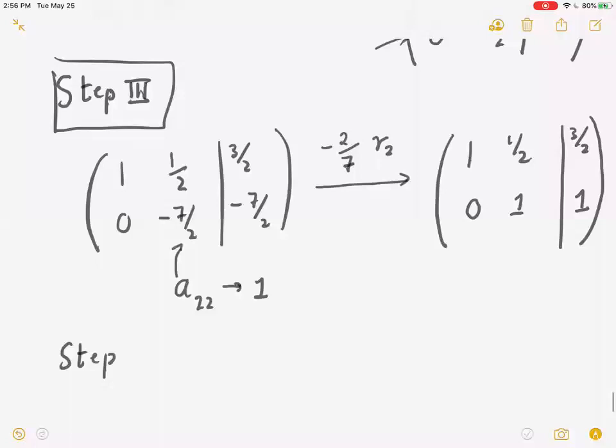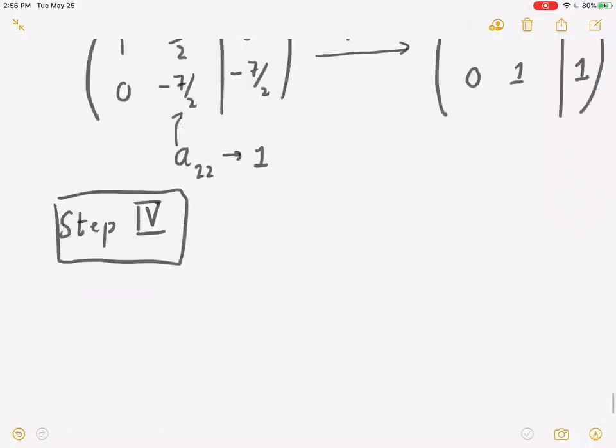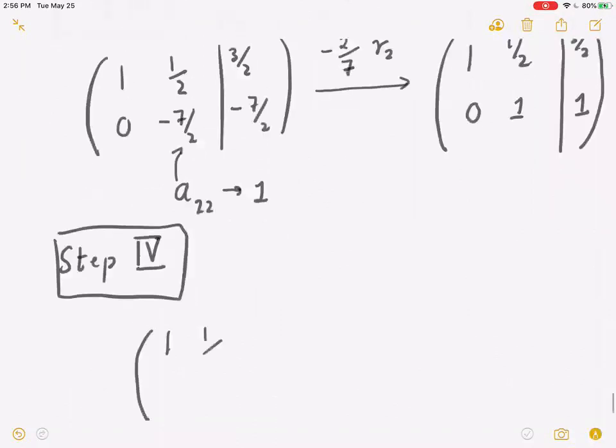How about step 4? Well, step 4 of the Gauss-Jordan elimination method, you can see by just starting with the output from step 3, that is this. And what I want to do is turn the A₁₃ matrix element, first row, third column, into 0.